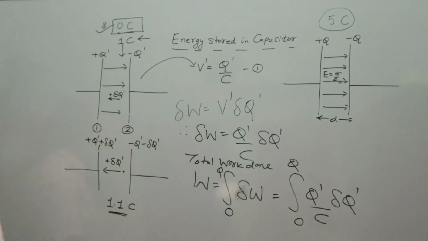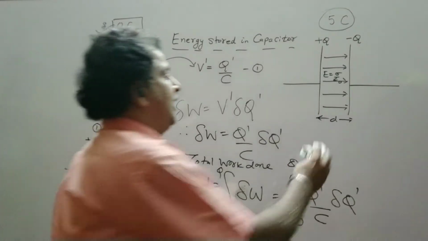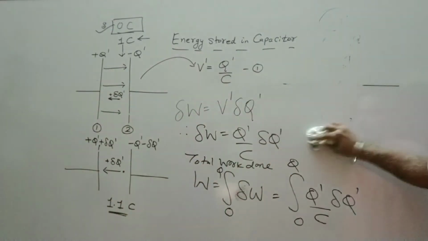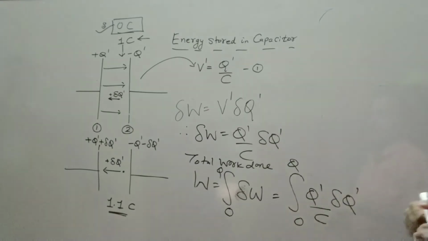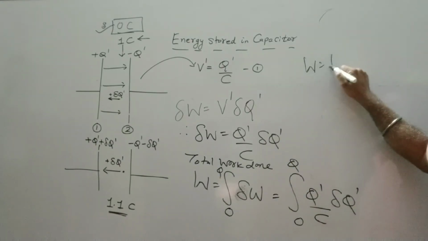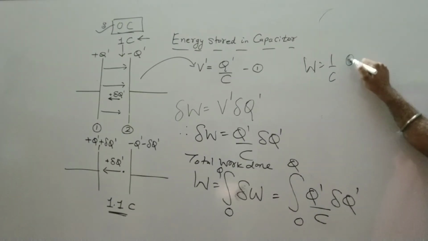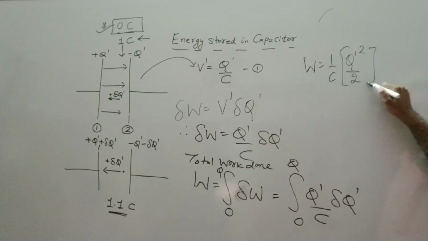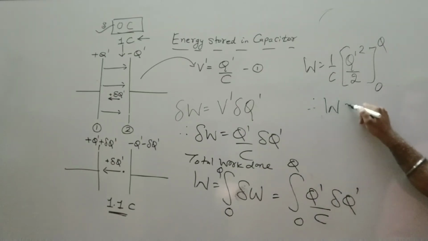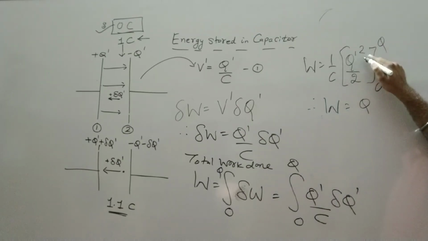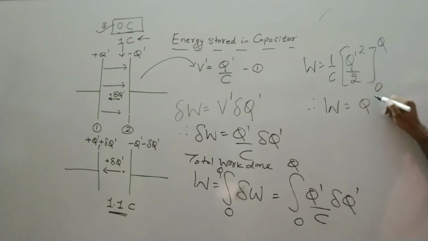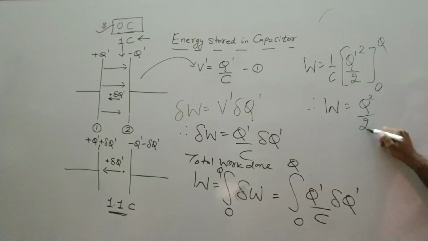So we have to integrate this with respect to Q dash, and therefore the work done is equal to 1 by C. Now integration Q dash delta Q dash is Q dash square by 2, and the limit becomes 0 to Q. Therefore work done is equal to Q dash square, that is final minus initial, so Q square by 2C.